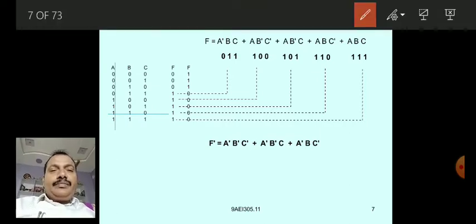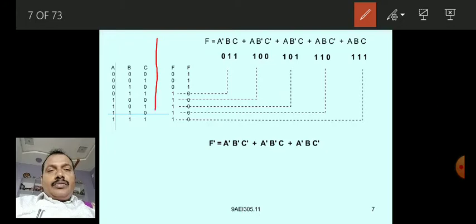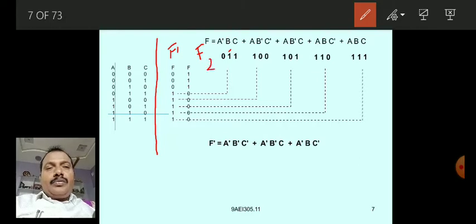The truth table is, so this is the truth table. Now let us write two expressions. This is f1, this is f2, and the output f1 has its ones from this row.